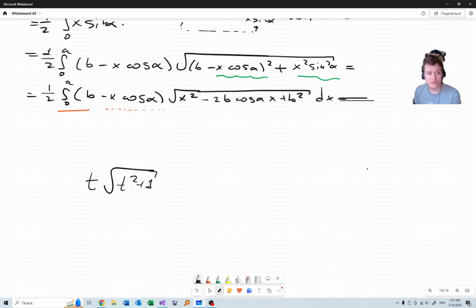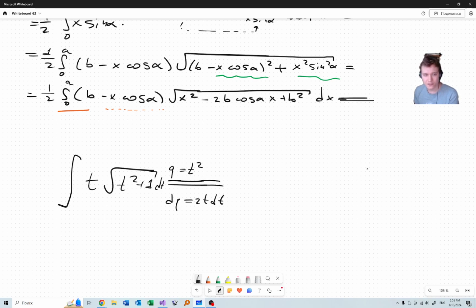This is really easy because this time I can say that I want to look at q equals t squared. So dq is 2t dt.